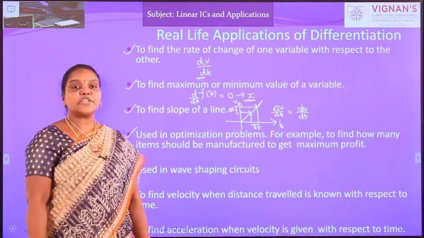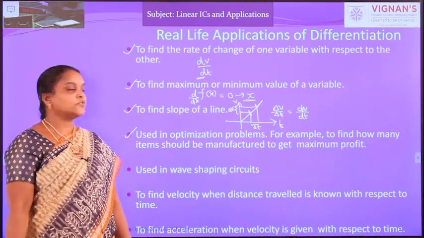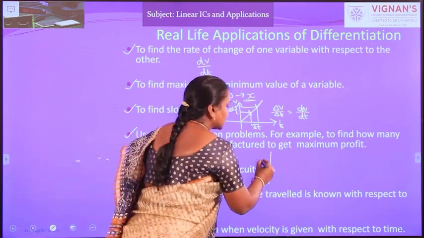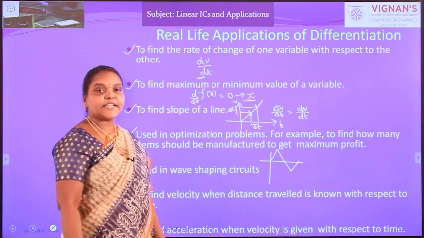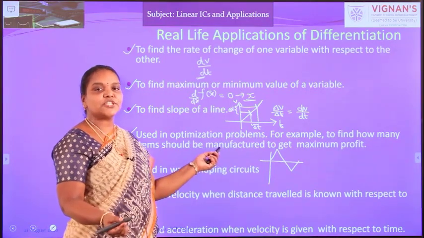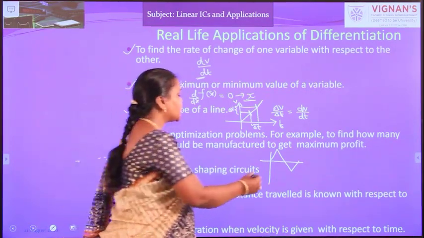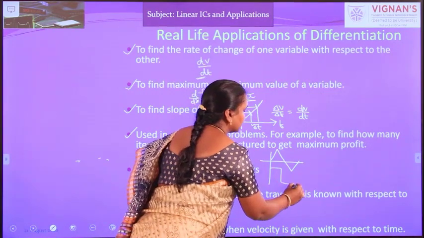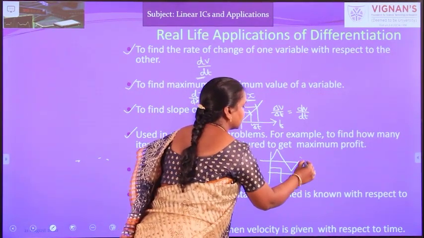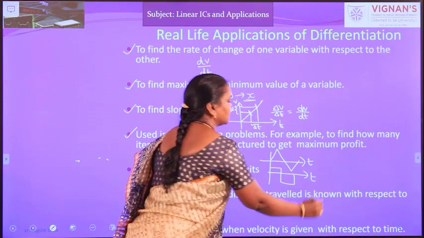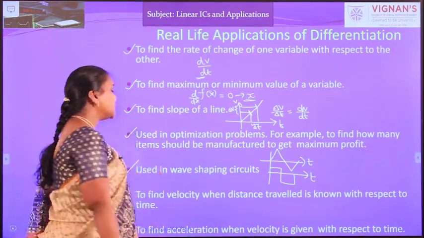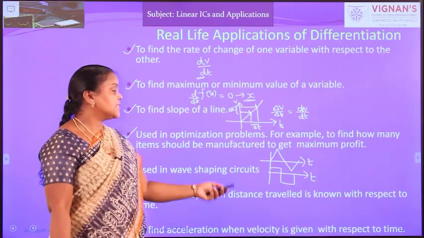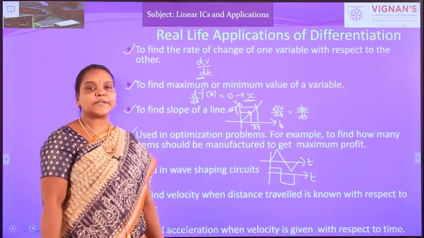And it is used in wave shaping circuits. Wave shaping circuits means you have a triangular signal and you are interested in a square wave. So this differentiation will convert triangular to square. Okay. And the next one is to find the velocity when distance travelled is known with respect to time.